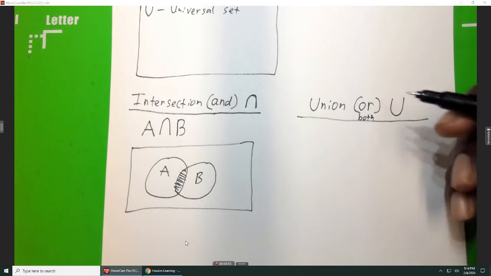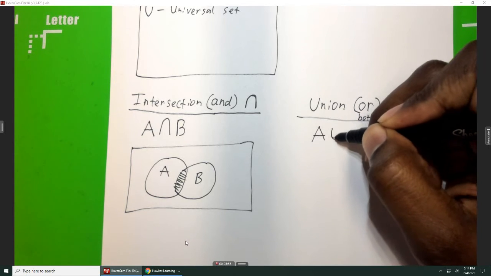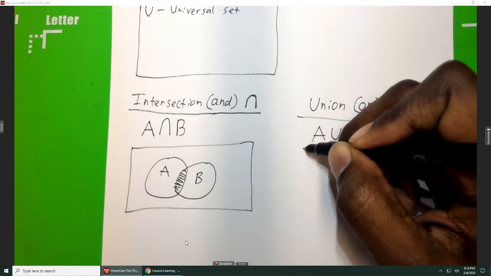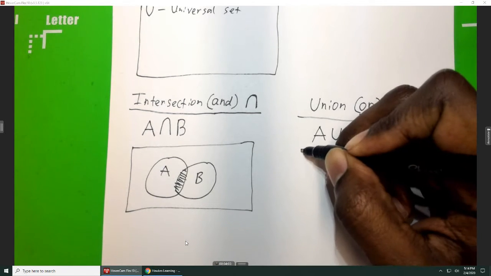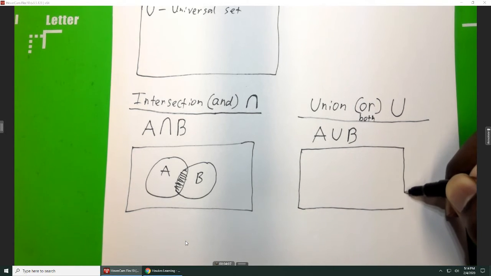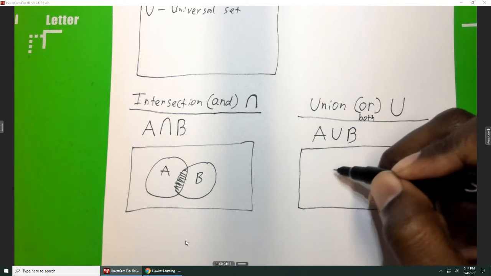Here's what union is. So it might say A union B. This is asking for all of the elements that are in A or B or both. So here's another Venn diagram.